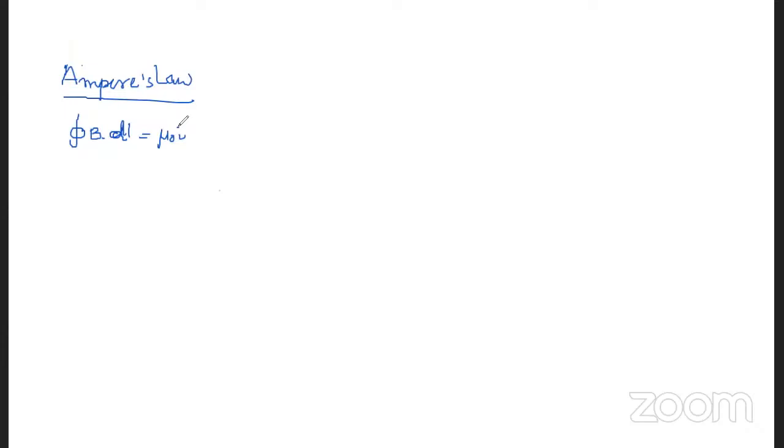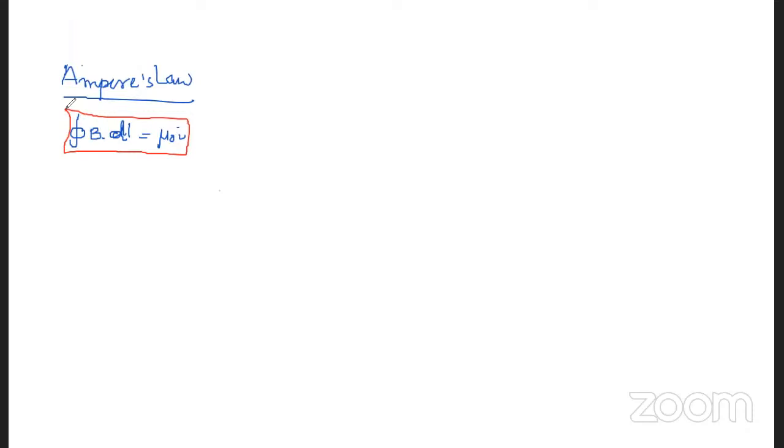Mathematically, the integral of B dot dl equals mu naught I, where mu naught is the permeability of free space or air.